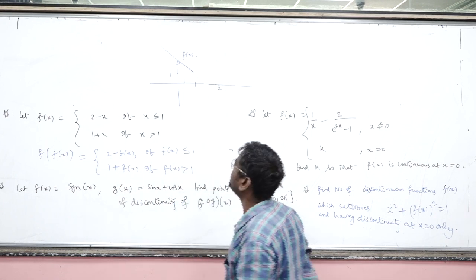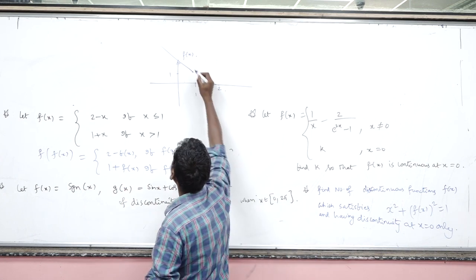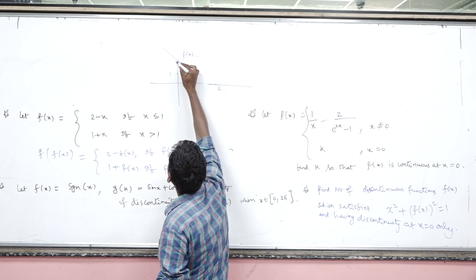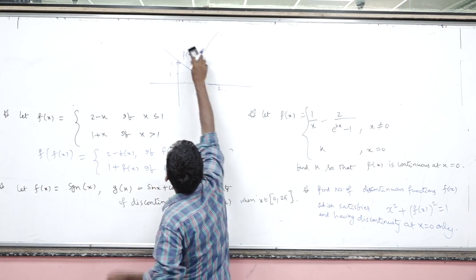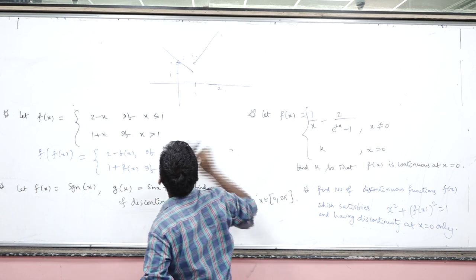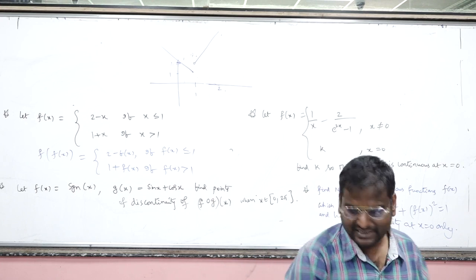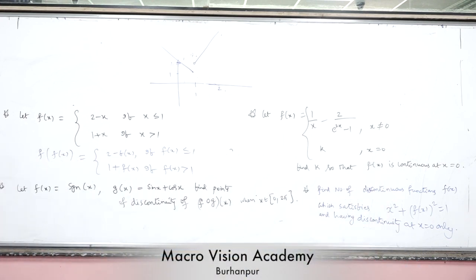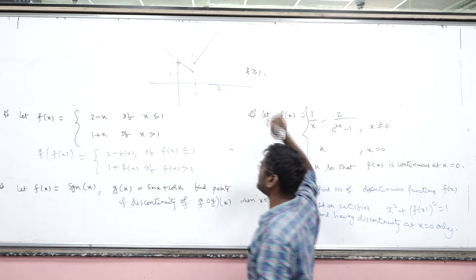At x equal to 1 it is 1, and for x more than 1 it is 1 plus x, starting at 2, so there is a discontinuity here. So that is my f of x. Very clearly, as you can see, the least value this function is taking is 1. So f is always greater than or equal to 1.